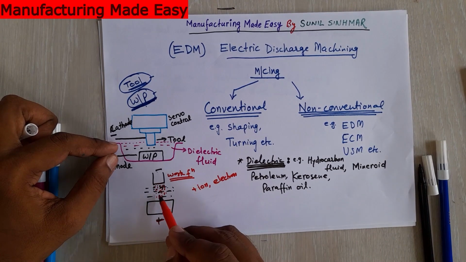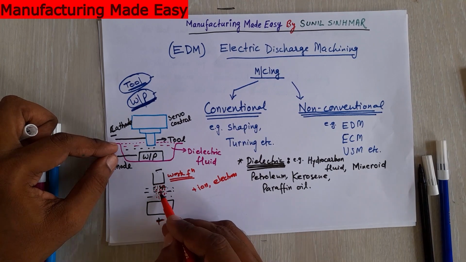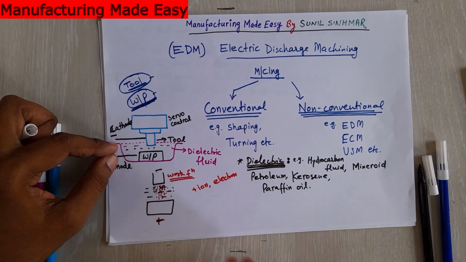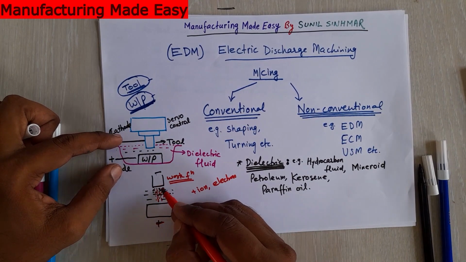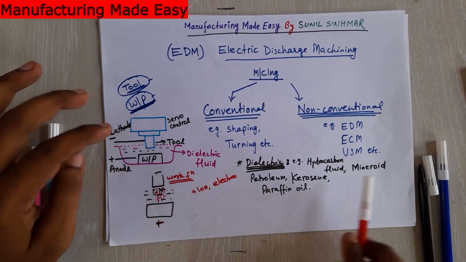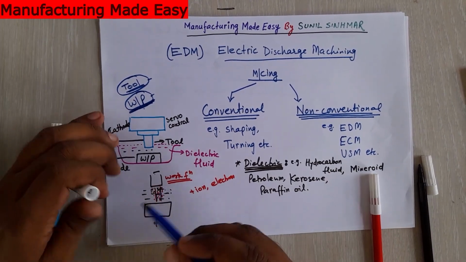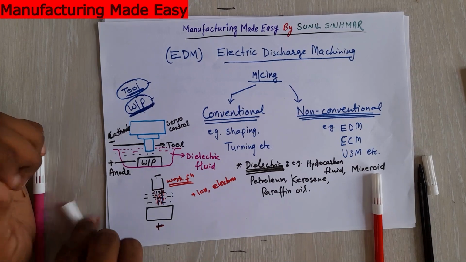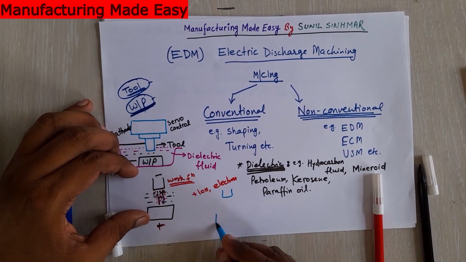So these electrons are moving through this. There is a kind of narrow zone between the tool and workpiece which is strongly ionized. This is the tool and this is the workpiece.